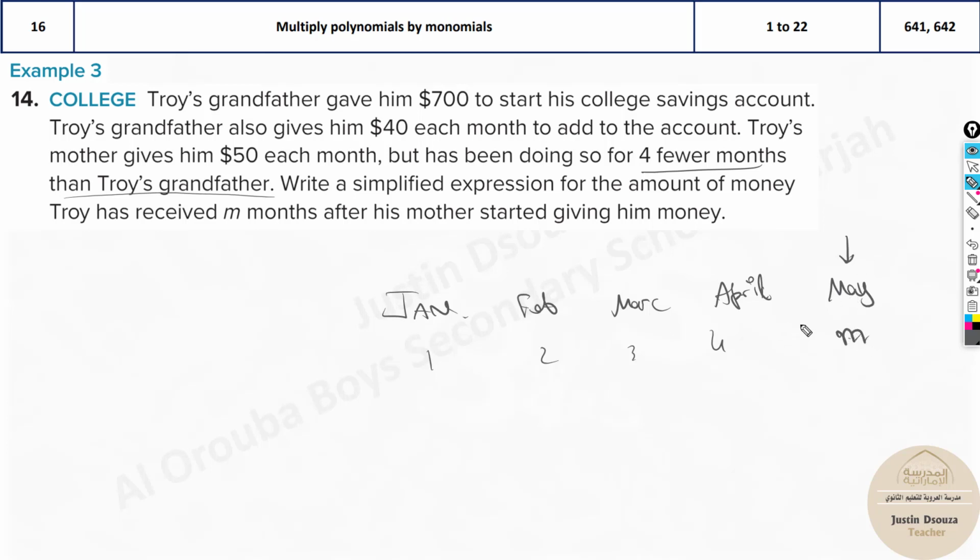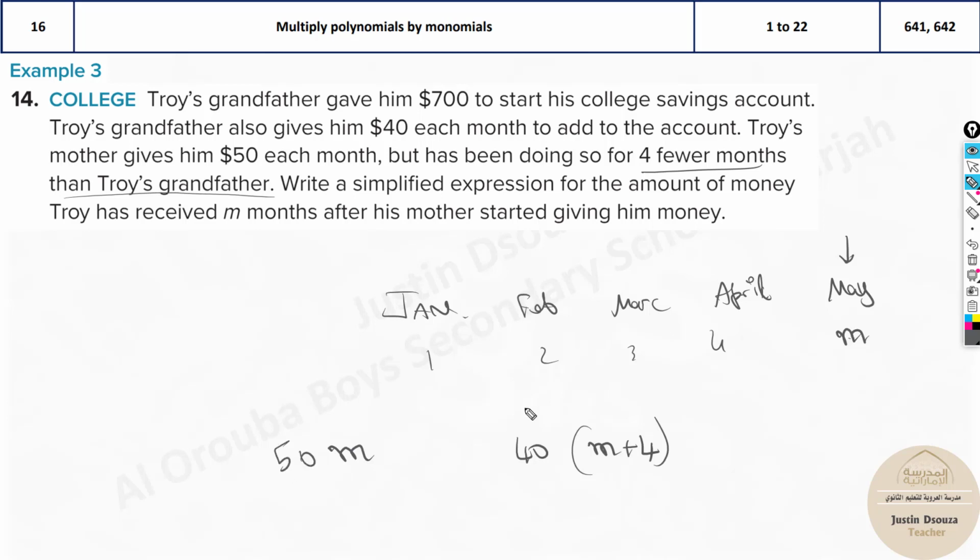So if we understand it properly, the months of money given by his mom is M. So how many months was his grandfather giving? M plus 4, isn't it? 4 months are extra. That's it. What is the coefficient? How much does his grandfather give? It's 40 here. And how much does his mother give? It is 50 here. That's it.